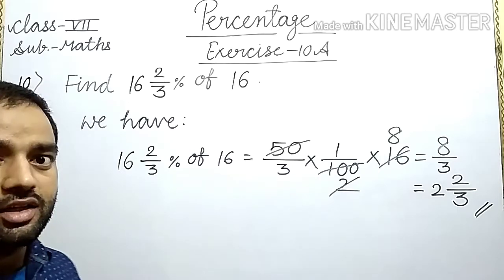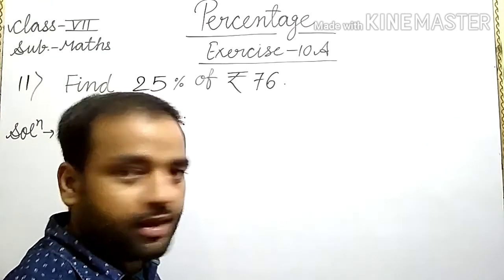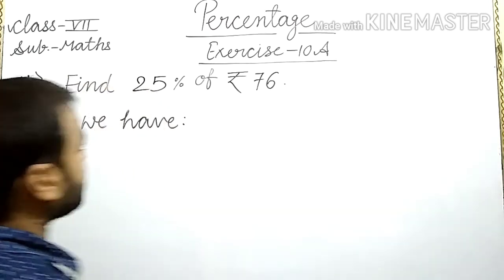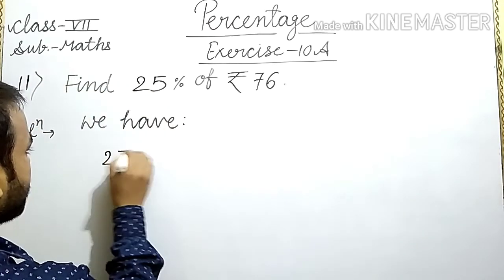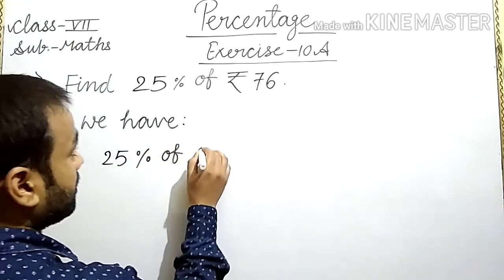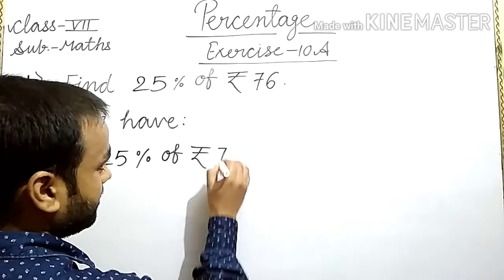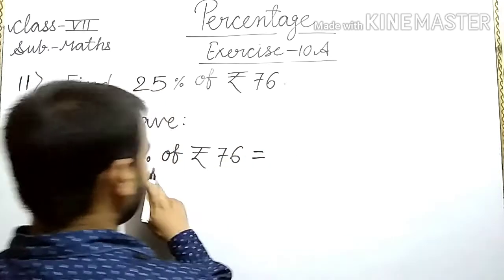Now let us discuss question number 11. In question number 11, find 25% of 76. First of all, rewrite the question. 25% of 76 rupees is equal to 25%.